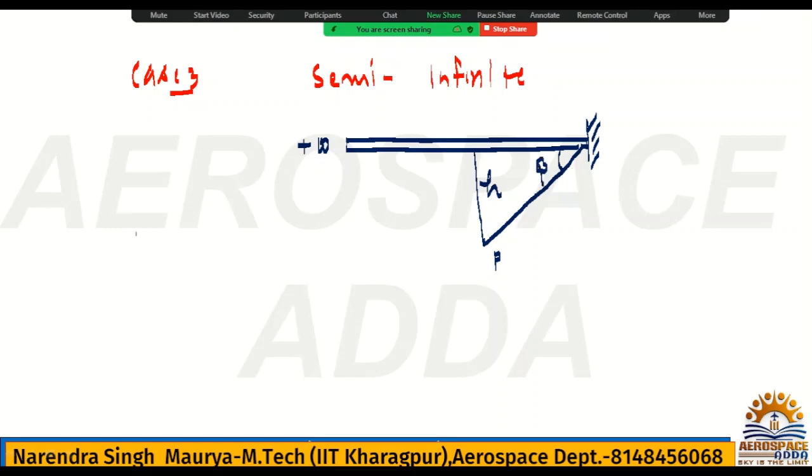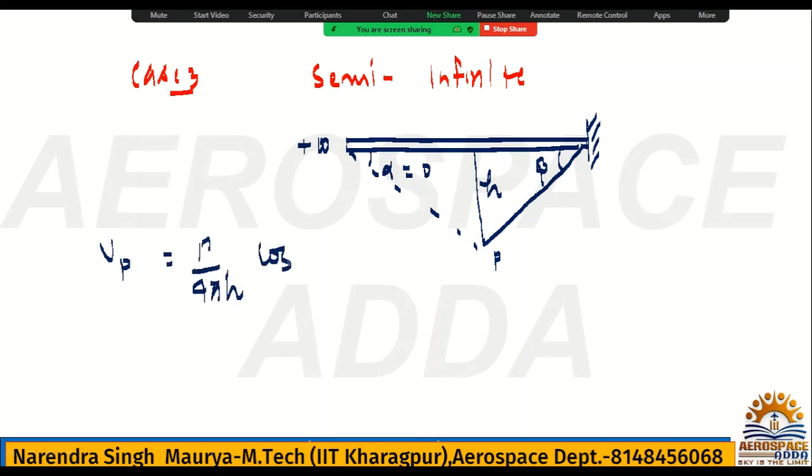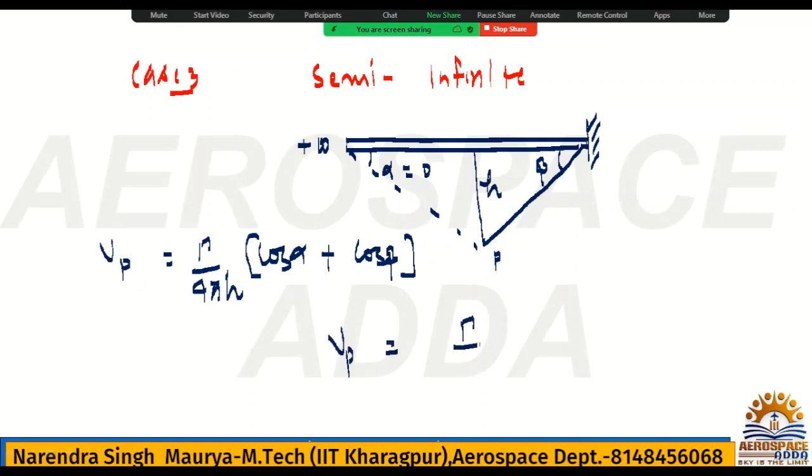Again for infinite, what will be the alpha? Because it is infinite, alpha will be 0. So what is VP? Circulation upon, this type of question they are asking there. So please concentrate. It's not tough, it's very simple. If you know that formula only, you can answer. So it is circulation upon 4 pi h.